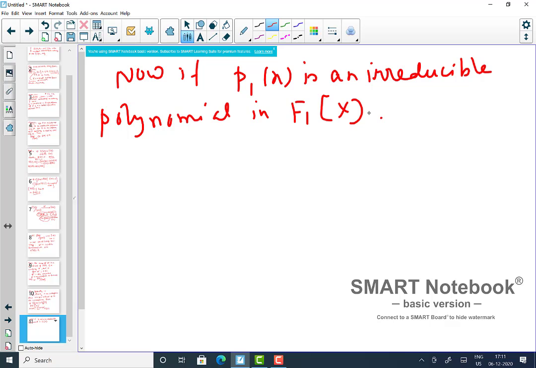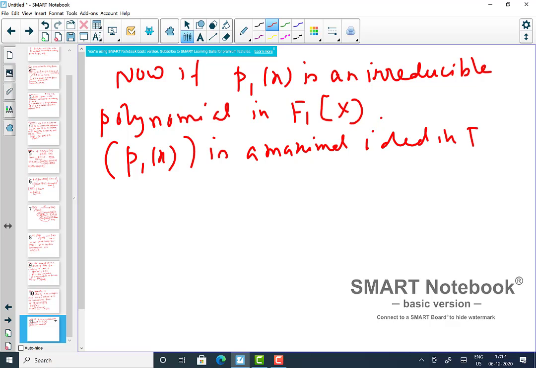Obviously <p1(x)> is a maximal ideal in F1[x].